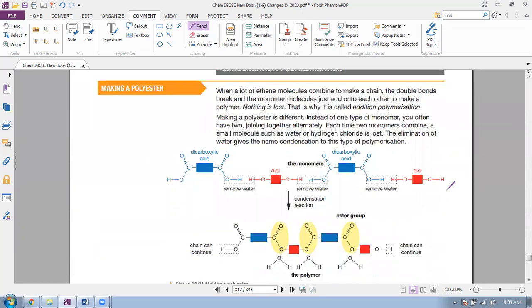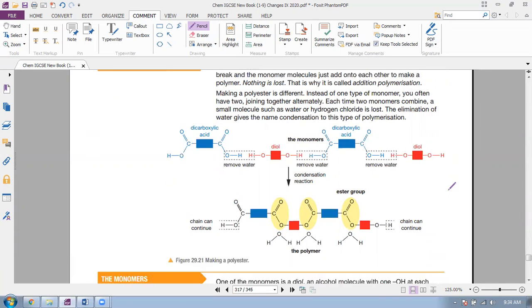Now we will read condensation polymerization. Condensation polymerization is when two or different types of monomers are joined together to form a long chain polymer. Here one monomer is dicarboxylic acid and another monomer is diol. This is a kind of alcohol and it is called diol. Inside the box there is a long chain.